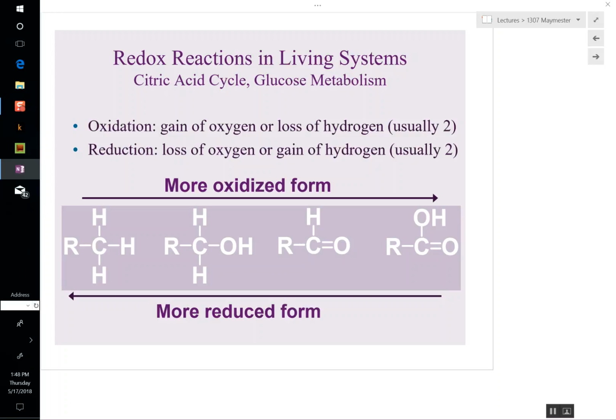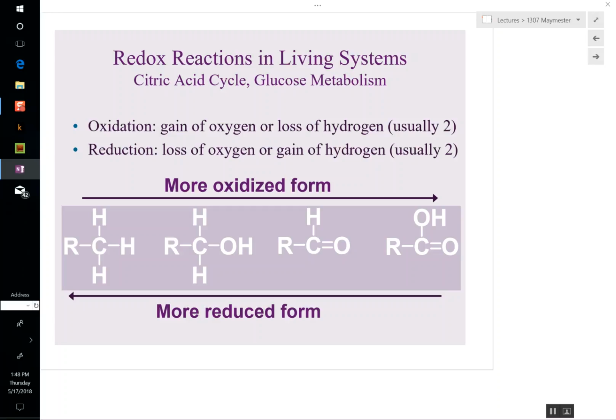It still comes down to the same sort of thing, but oxidation is going to be gaining oxygen or losing hydrogen. When an organic molecule gains oxygen, it's gotten oxidized. Gains oxygen or loses hydrogen, it has gotten oxidized further. That's what's happening here. We're saying more oxidized form of the molecule.